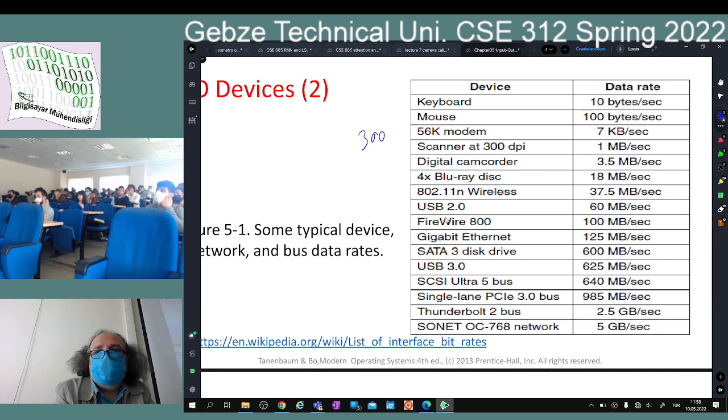Ten bytes per second should be fast enough for anybody to type. You usually don't type faster than 10 bytes per second, so it should be good enough, right?